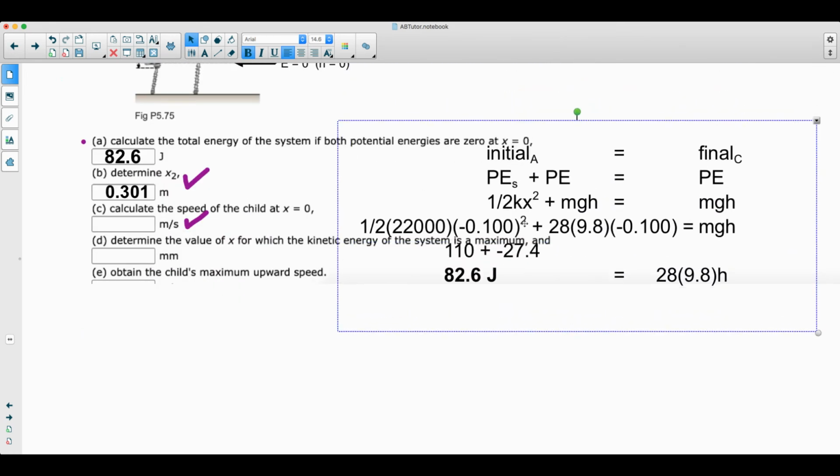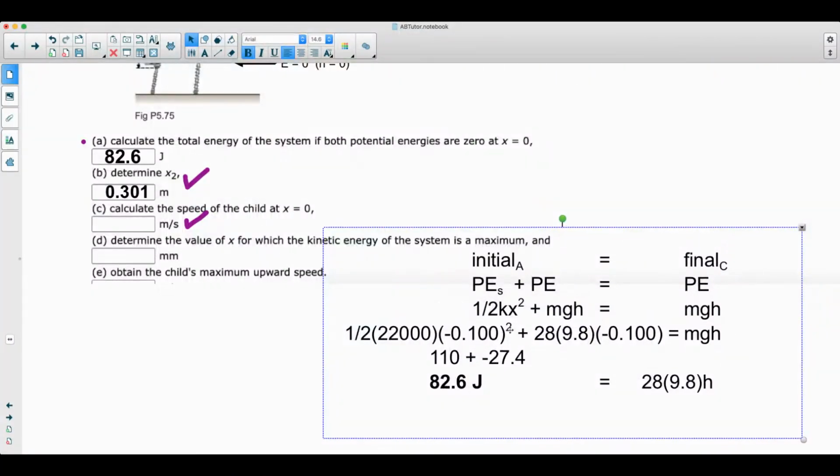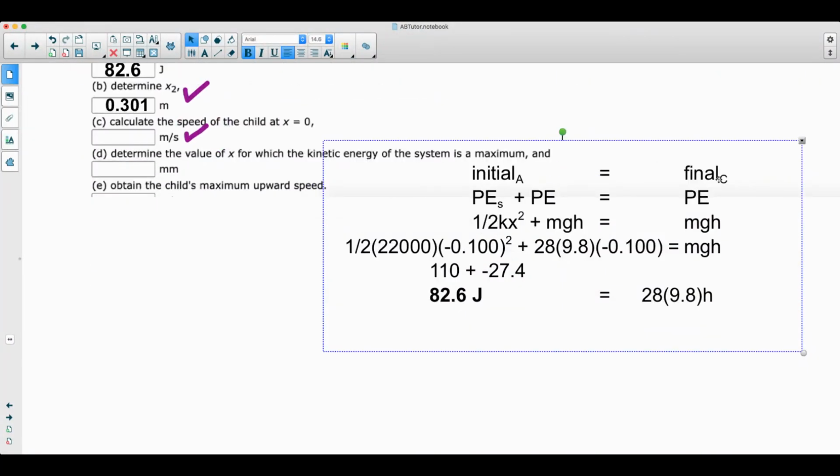Now we could do it. Initial is at A and final is at B. And so it's just KE, and we know all this business over here already. So now it's just 1/2 times 28 times v squared. This, by the way, is 1/2 mv squared. It's not mgh anymore.